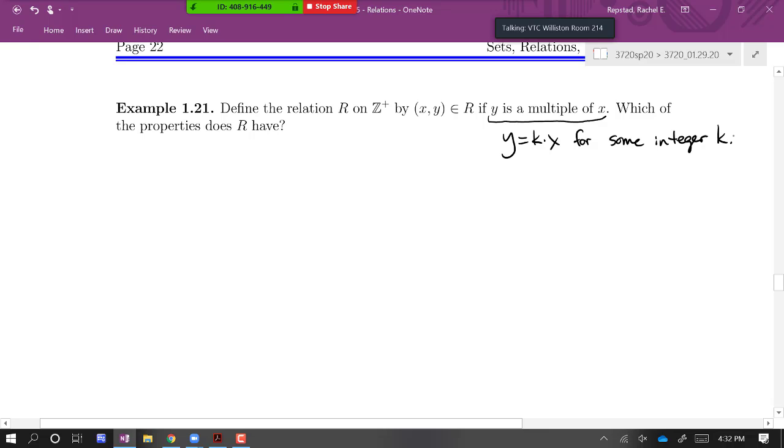And then this says which properties does R have? We couldn't possibly list all the ordered pairs even if we wanted to. The set is an infinite set. So even if we really liked the tedious process of checking every ordered pair possible, that's not an option here. So let's go through in order. Is it reflexive?